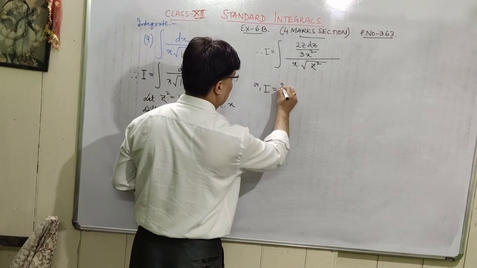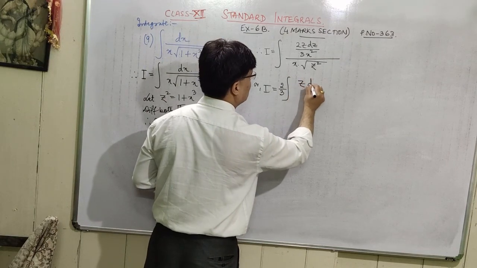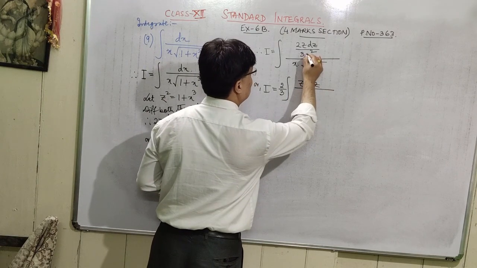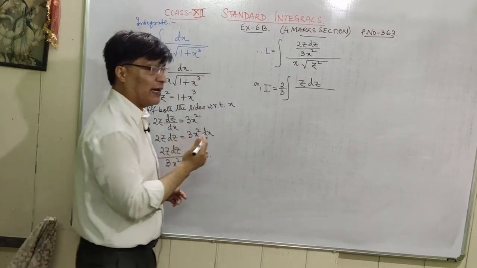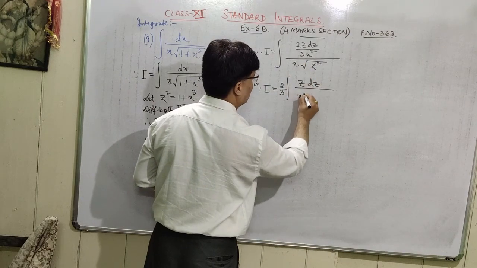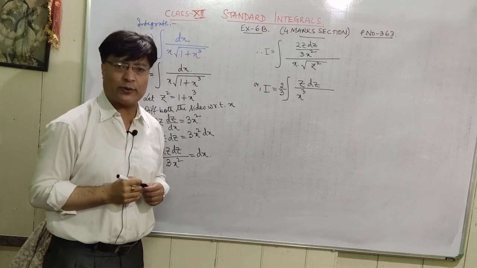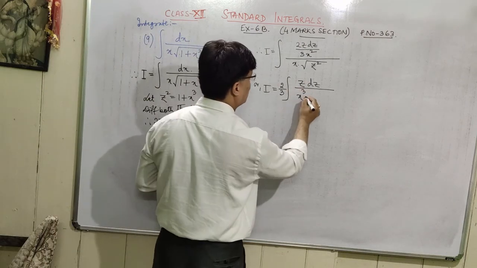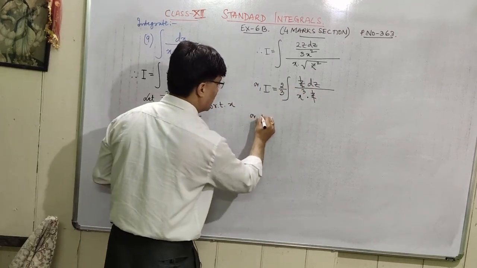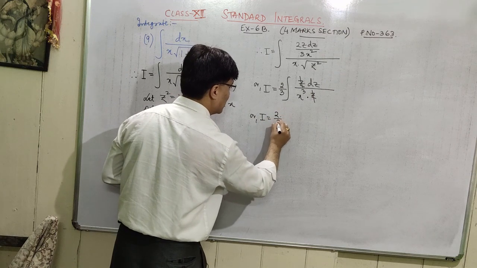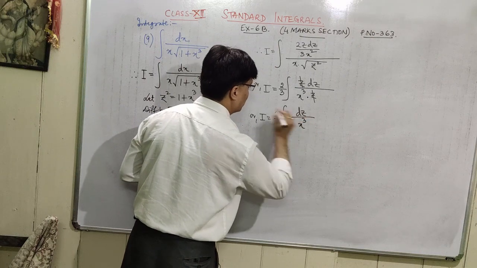So 2 by 3 is taken outside, integration of z dz divided by, now this x square and x both are in the denominator and they can be multiplied. So x into x square is x cube. They cannot be cancelled because both are in the denominator. Into what is root over z square? That is your z. Here z gets cancelled. So I is equal to 2 by 3 integration of dz divided by x cube.